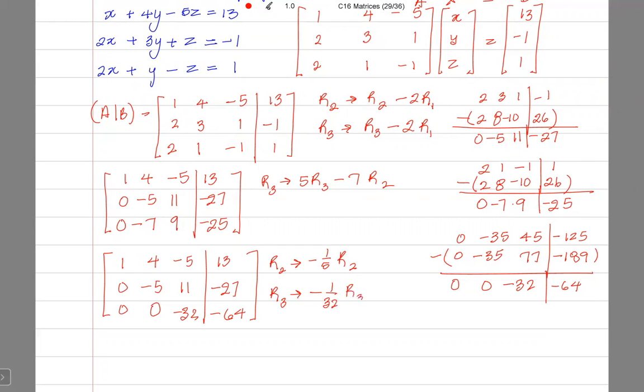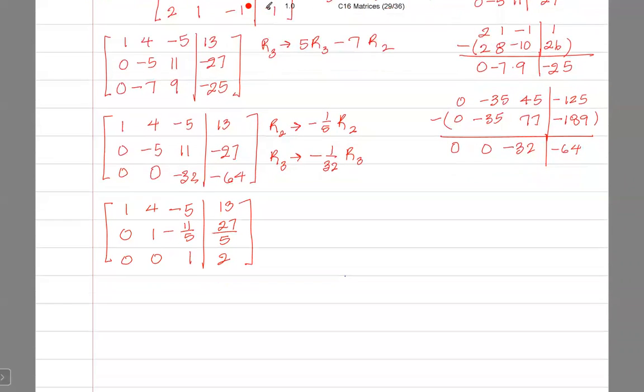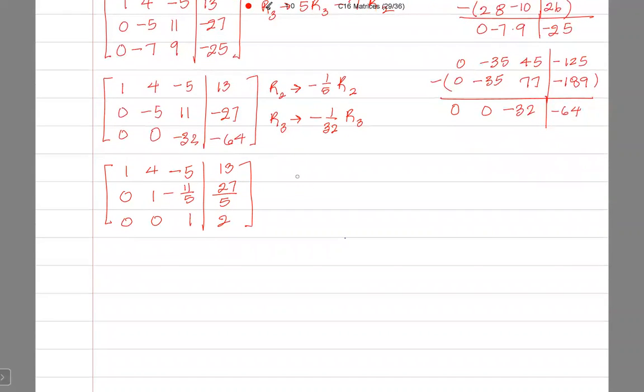All right, so this will bring me to 1, 4, minus 5, 13; 0, 1, minus 11/5, 27/5; then 0, 0, 1, and minus 64 divided by 32 is 2. So from here, back to matrix equation form.